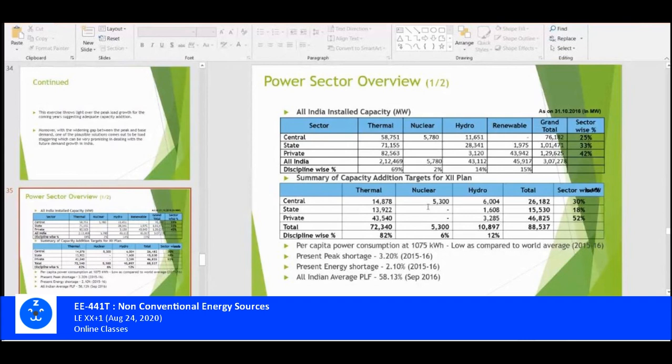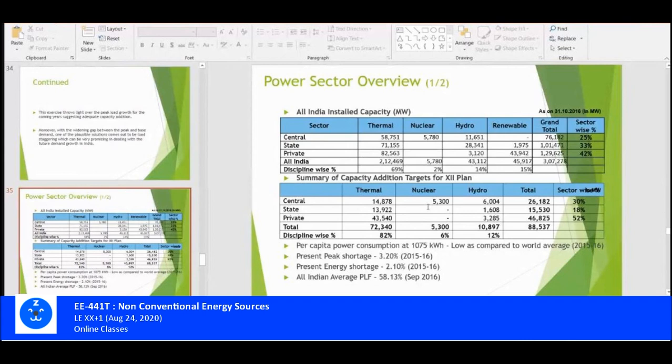So you can have a look at this all India installed capacity. We have different sectors like central, state, private. Now you see, only 25% power is generated in the central sector. States have got 33, and the private sector has got 42% of its share in total installed capacity.